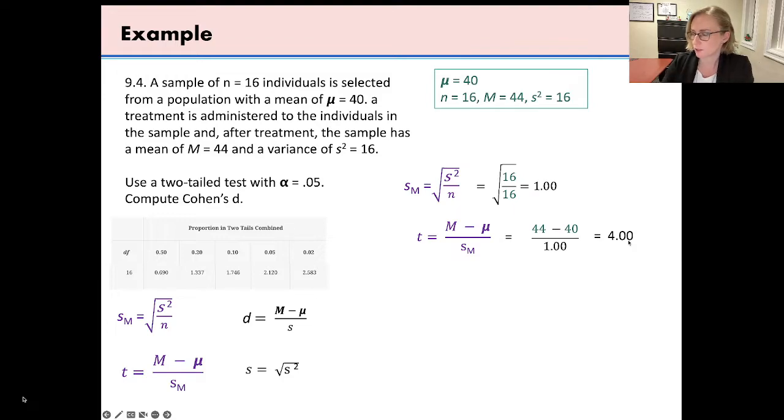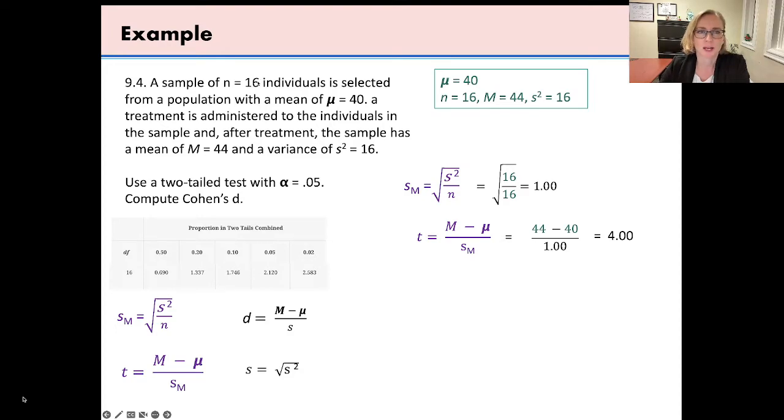Now, if you think back, on this example, if you looked at the t distribution table, you can look up your df here. I actually did it wrong, I'm sorry about that.